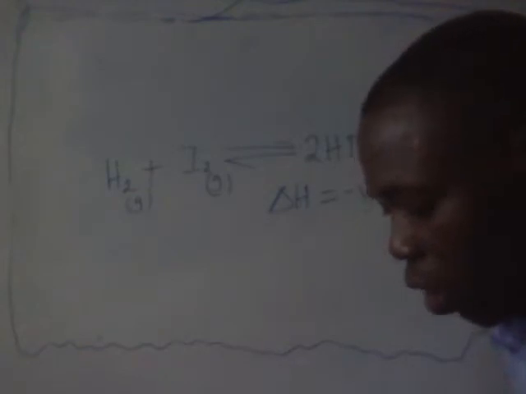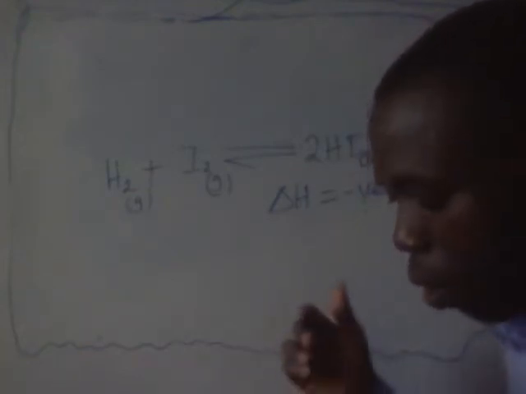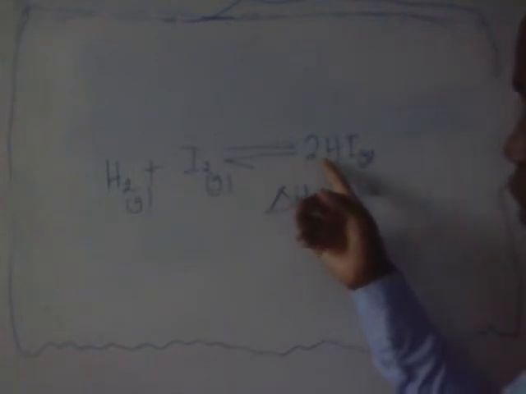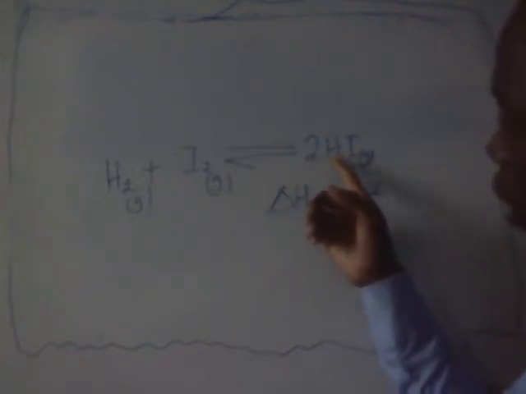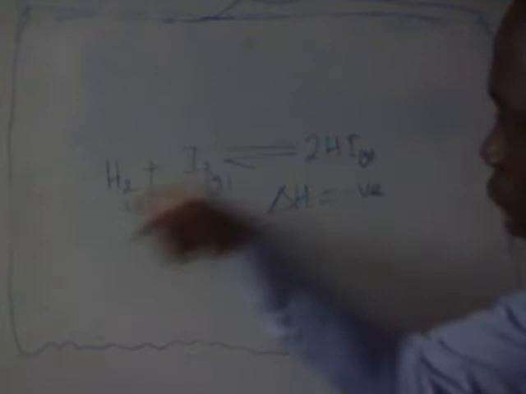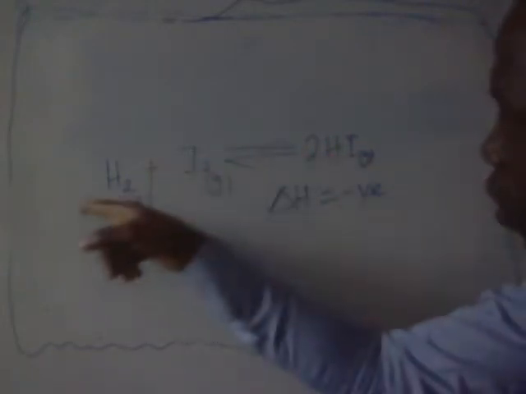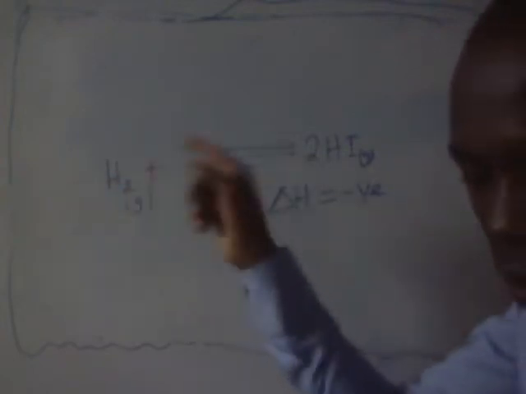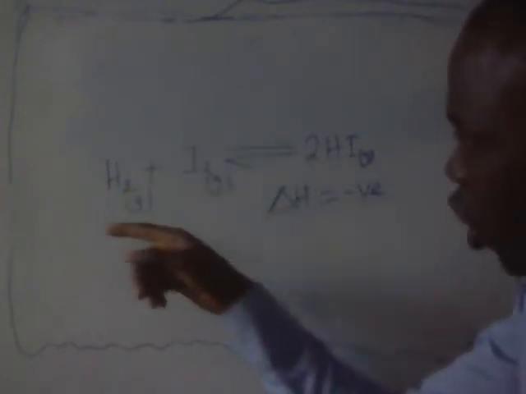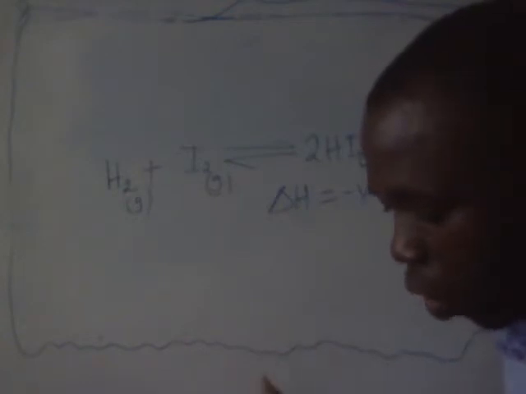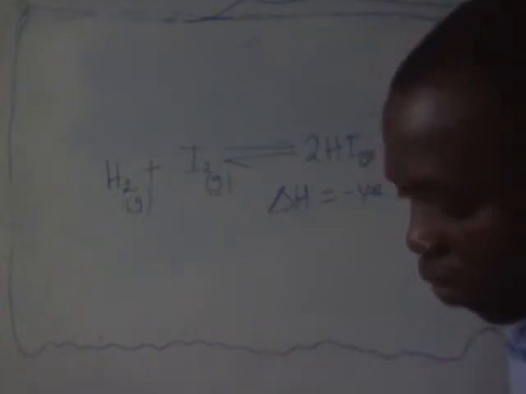Alright, so let's look at option A. More of hydrogen iodide decomposes. No, more of hydrogen iodide does not decompose. If more of it decomposes, it means that the reaction proceeds in the backward direction. That's wrong. Option B, the concentration of the reactant remains constant.